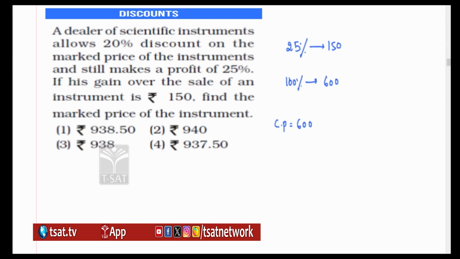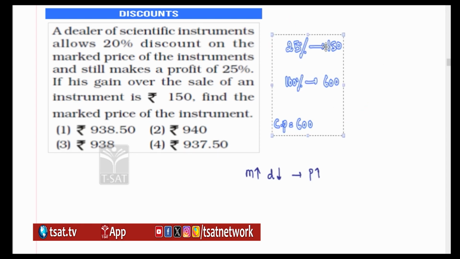He is allowing 20% discount on the marked price and he makes 25% profit. First M% increase, let us say just 600 or else just take 100. We know the formula: M increase, D decrease, profit you are getting. Try to find the M value from this. We know CP is 600.